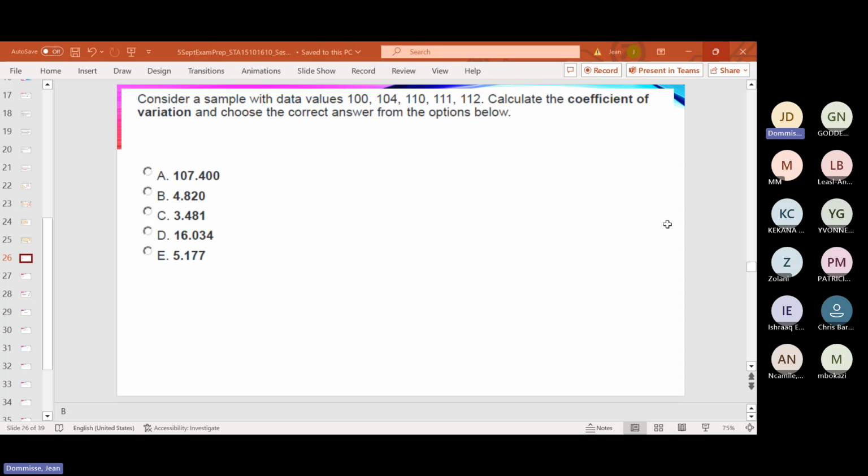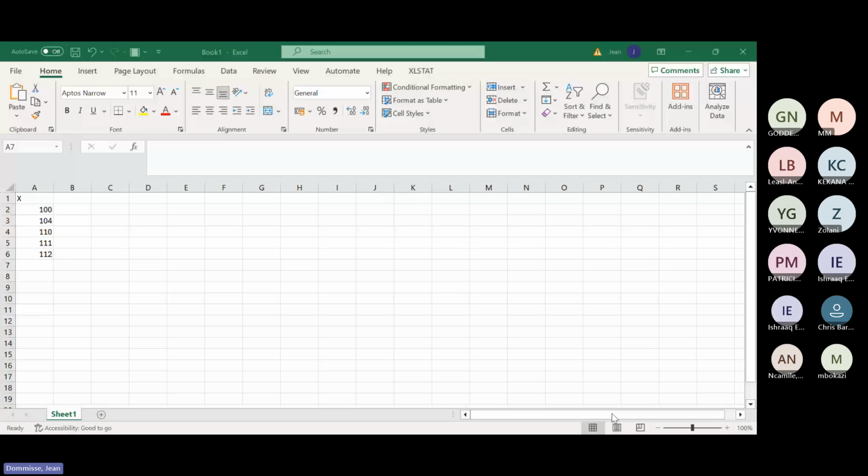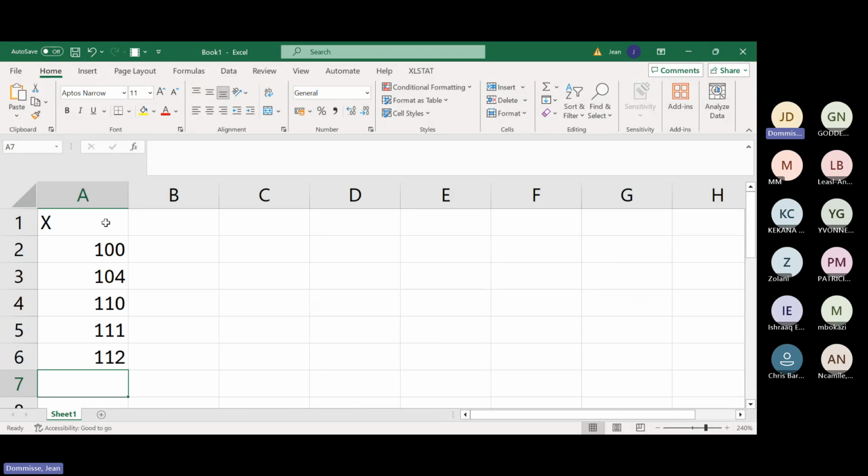So let me quickly just share the spreadsheet. Okay, so there were your 5 data points.